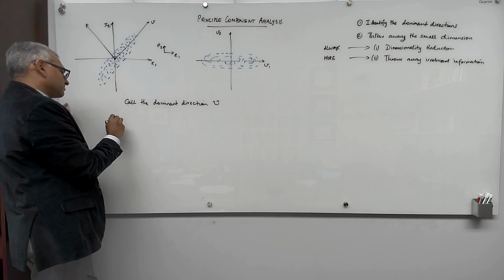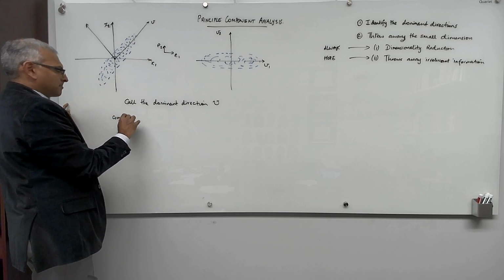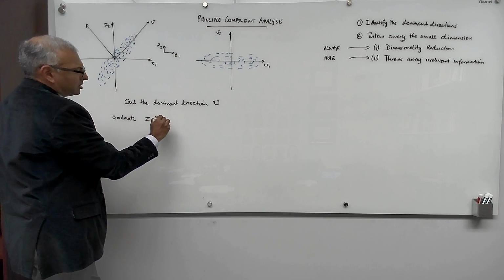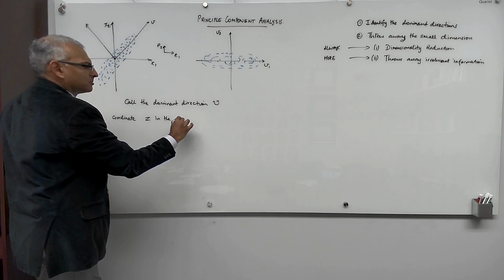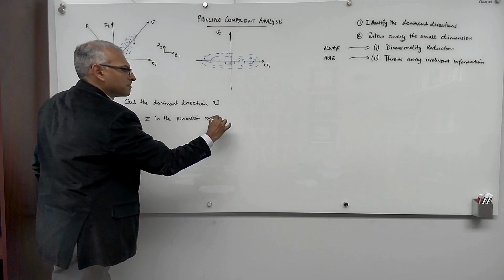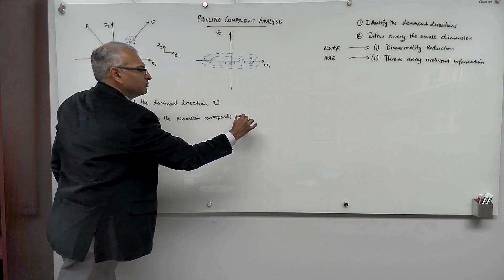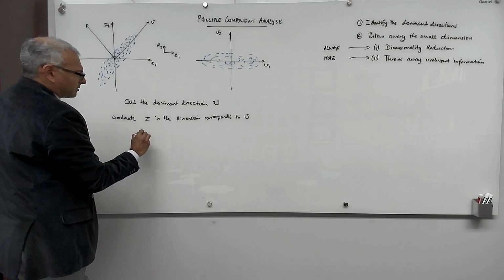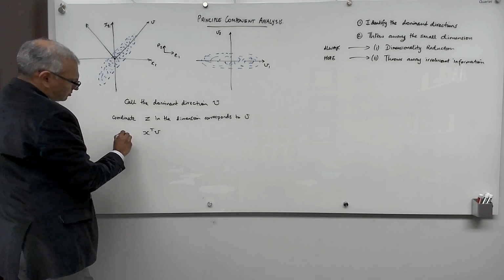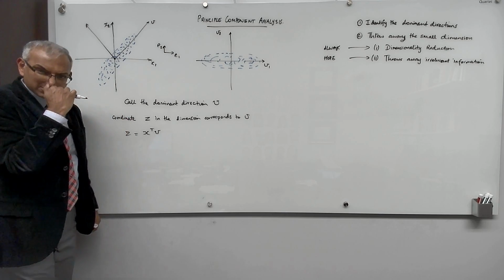So the coordinate Z in the dimension that corresponds to V is exactly X transpose V. So Z is equal to X transpose V.